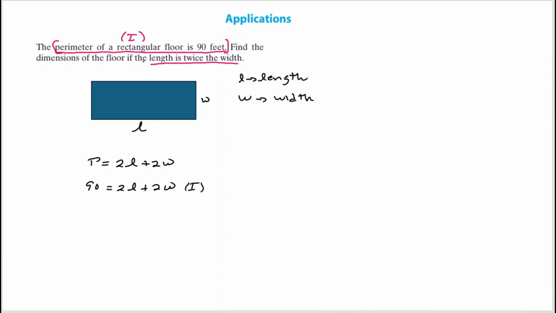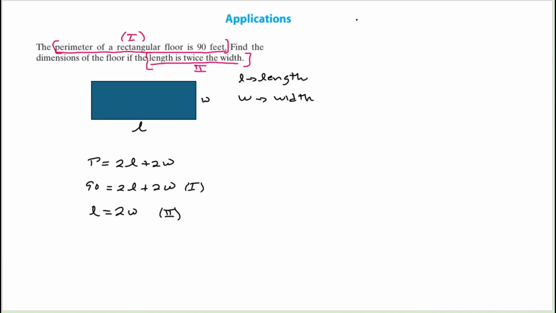Now the origin of the second equation is this other part that says the length is twice the width. Remember that twice means 2 times. So I say L is 2W. And that is the second equation.